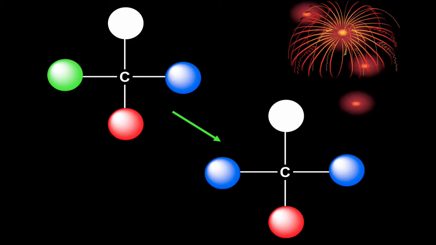Why can't it be chiral? What's here that keeps it from being chiral? The symmetry. That's exactly right. There's a plane of symmetry that runs right through this molecule, and a chiral molecule cannot have a plane of symmetry.